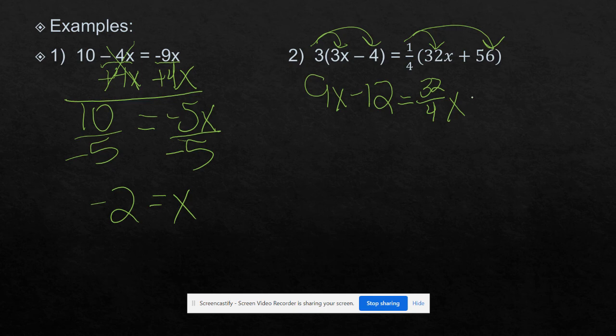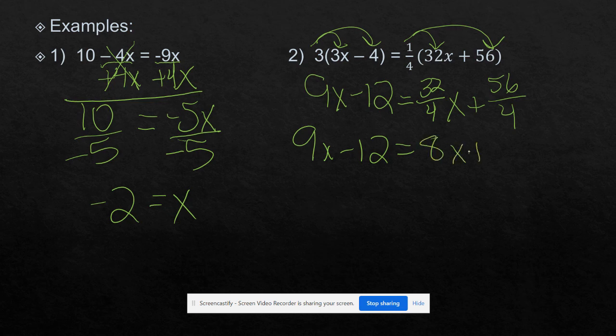And 1/4 times 56 is 56/4. You can simplify right away with those if you're okay with doing that in one step, or you can do it like I'm doing on here and have 2 steps. 32 over 4 simplifies to 8x, and 56 over 4 reduces to 14.